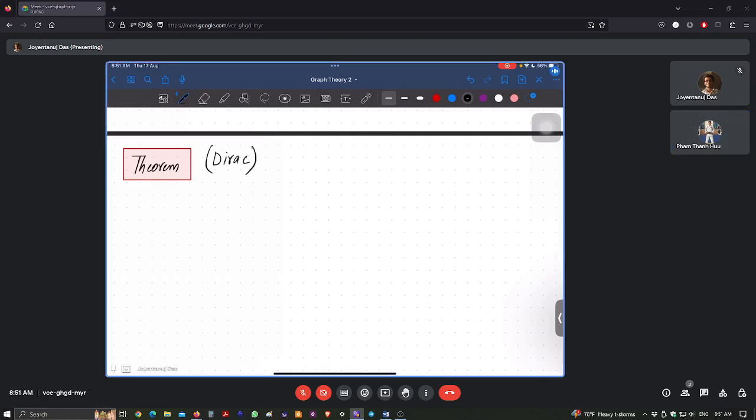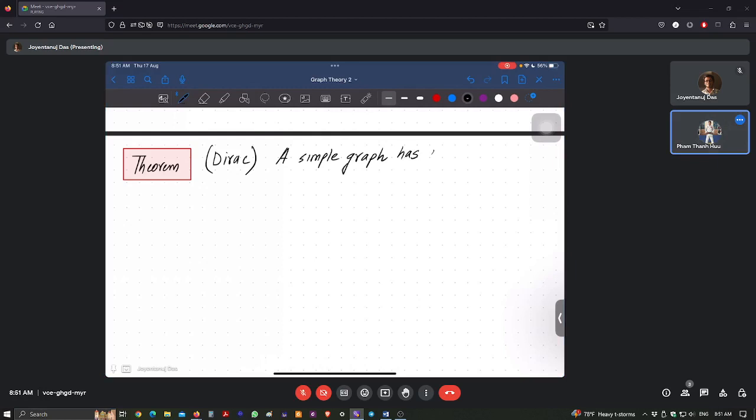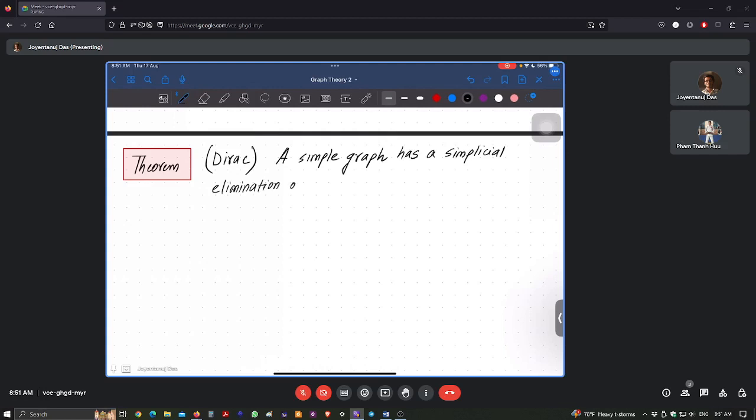So the statement is, a simple graph has a simplicial elimination ordering if and only if it is chordal.